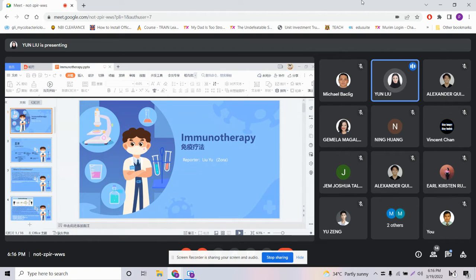Hello everyone, I'm Zora. I will present the topic is about immunotherapy. Okay, next page. Let's look at the content. The first one is immunomodulators. Second one is activation immunotherapies. The third one is immune enhancement therapy. The next one is suppression immunotherapies. The last one is hematologic therapies. Okay, next page.